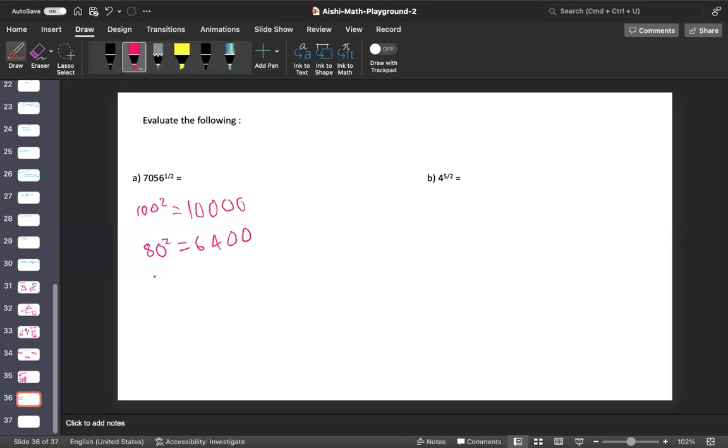So let's try 90 squared. 90 squared would give us 8,100, which is too big, but still, now we know the range. It has to be in between 80 and 90.